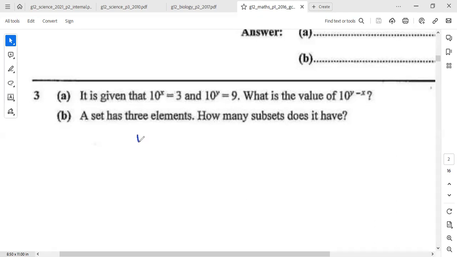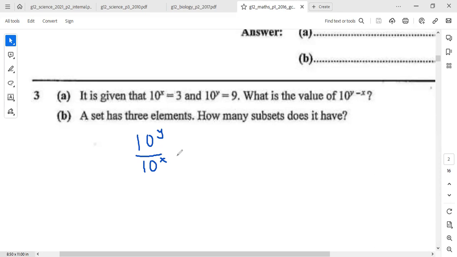Meaning it's 10 to the power y, divided by 10 to the power x. If they have the same base, you simply subtract the powers. That's what you have there.